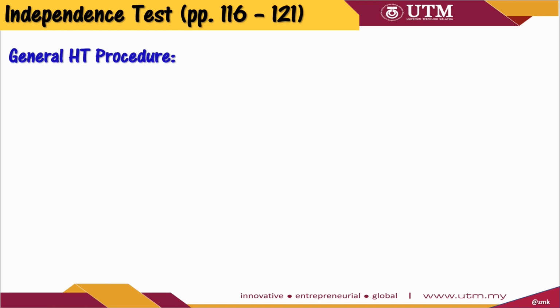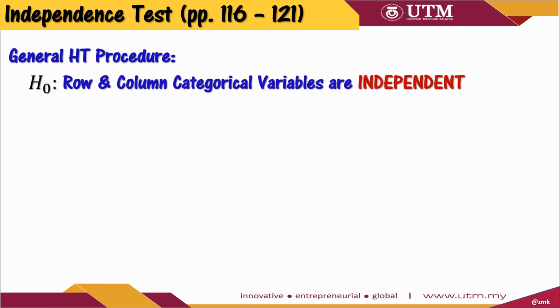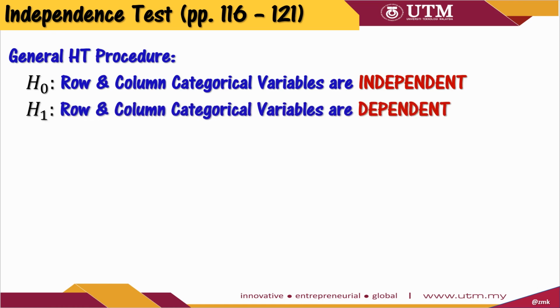For an independence test, under the null hypothesis H0, the row and column variables denoted by x and y respectively are assumed to be independent, whereas under H1, the two variables are assumed to be dependent.